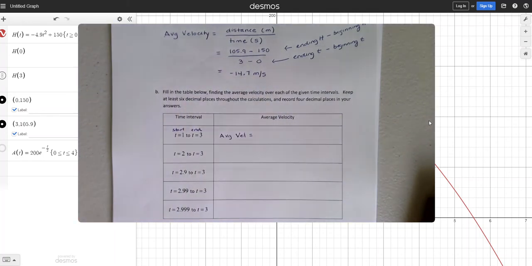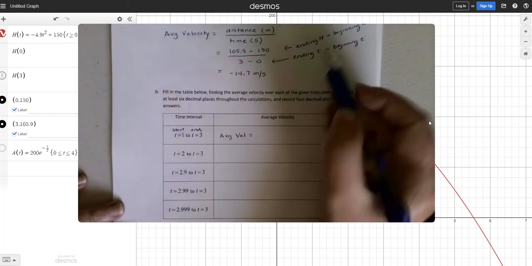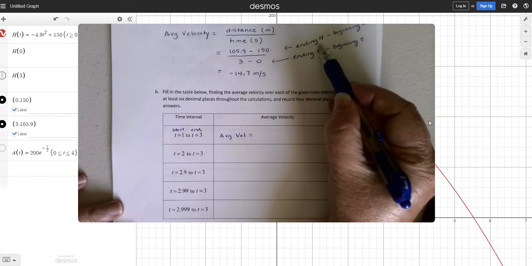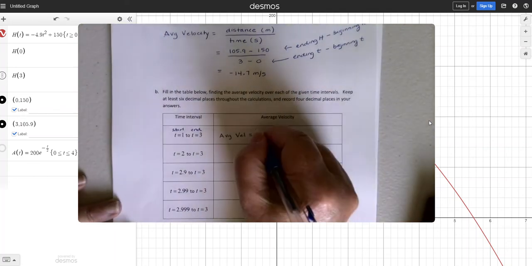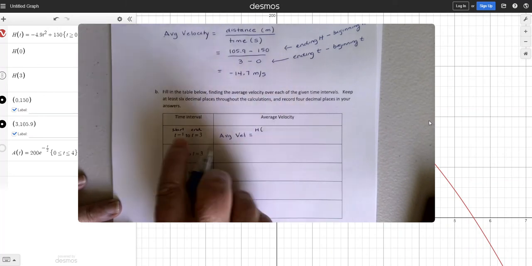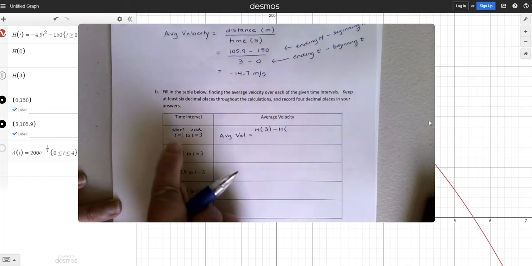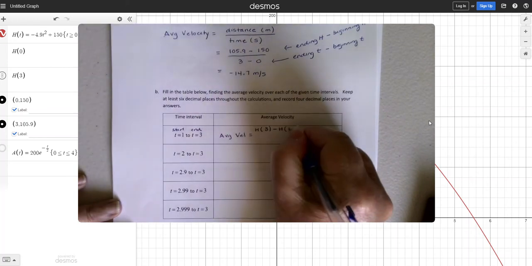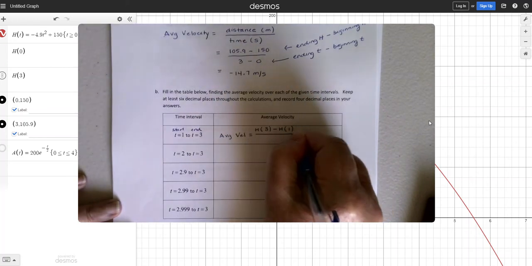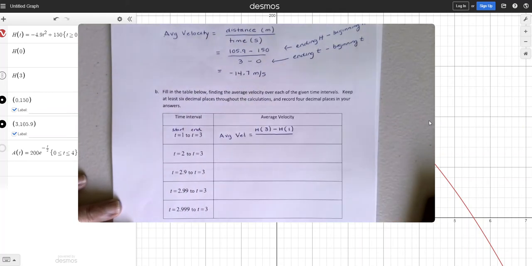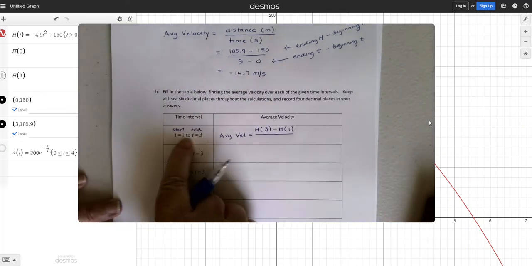So to do my average velocity, again, it's ending height minus beginning height. So height at the end minus height at the beginning divided by ending time minus beginning time, so 3 minus 1.